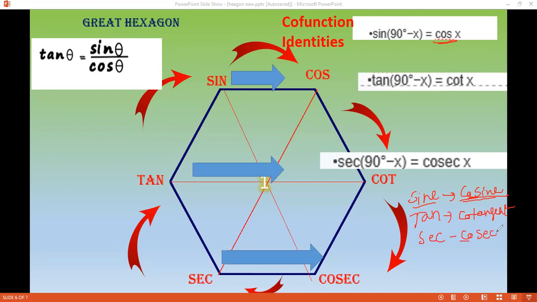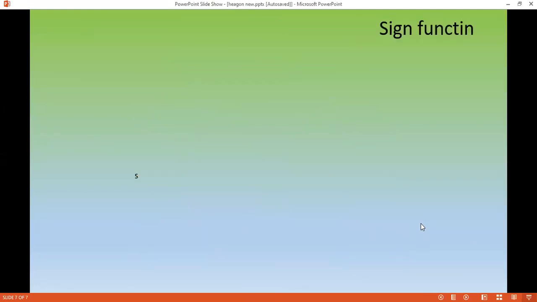That is the full form. So you observe here, you are getting the co-ratio. That's why these are called co-function identities. Very good.